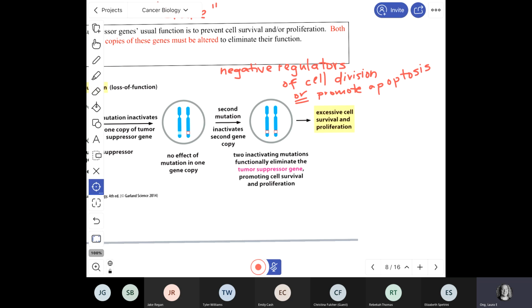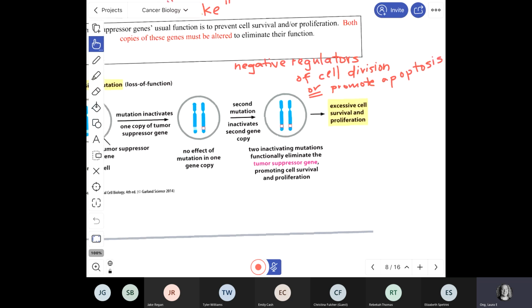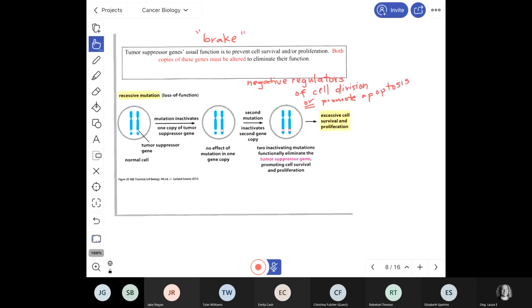It either is going to prevent proliferation, or it's going to prevent cell survival, which is a different way of saying promote apoptosis. We call that group of genes tumor suppressors. And their name comes because their normal job is to prevent cancer from happening.